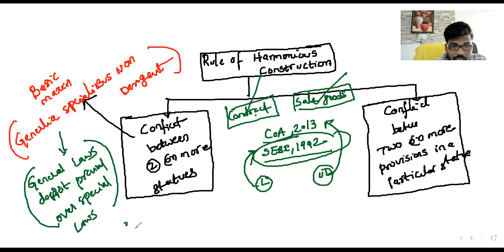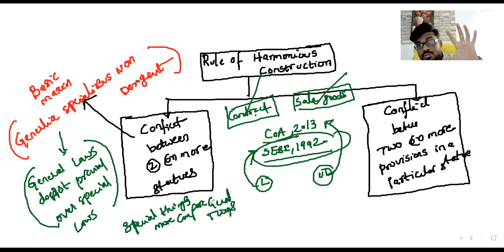Special things are more important compared to general things. If there is any conflict between two acts, you have to give more importance to the special act, not the general act.